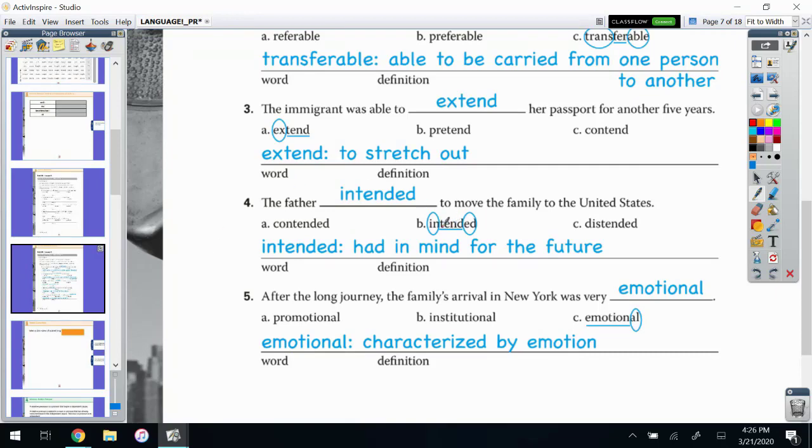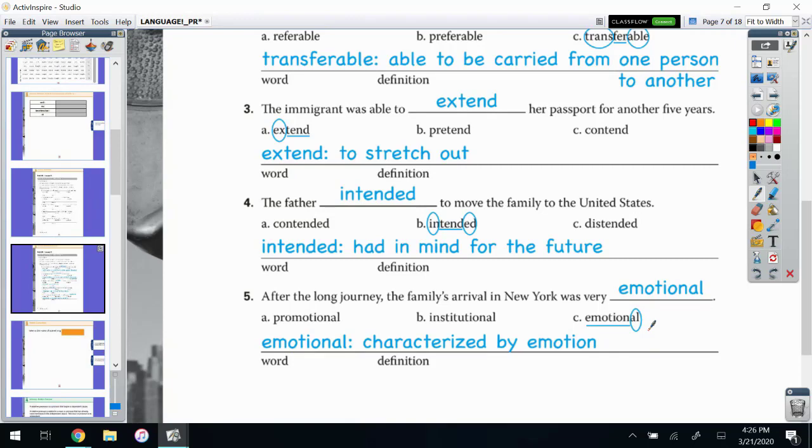Our prefix is in, our root is tend, and our suffix is ed. Intended means had in mind for the future. Number 5. After the long journey, the family's arrival in New York was very emotional. Letter C, emotional. Underline emotion and circle al.